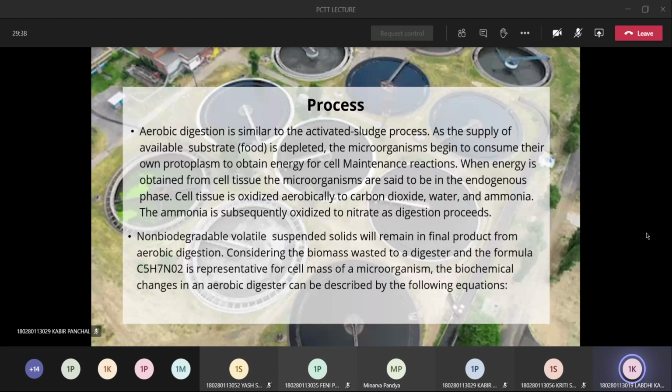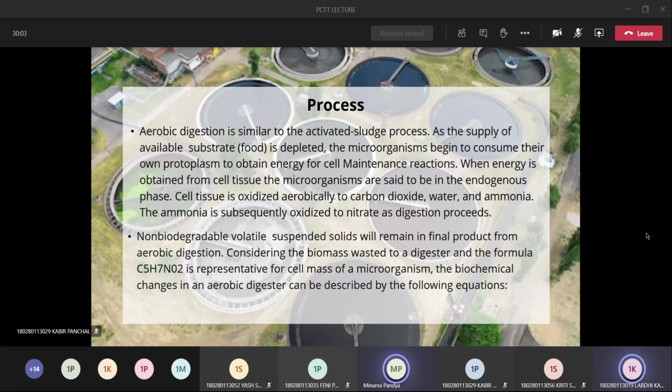The basic process of sludge digestion. As it has been repetitively said, during sludge digestion, air is artificially supplied to the chamber and the bacteria feed on the air. The process can be written as 5 different reactions, as 5 different steps, which we'll see in the next slide.